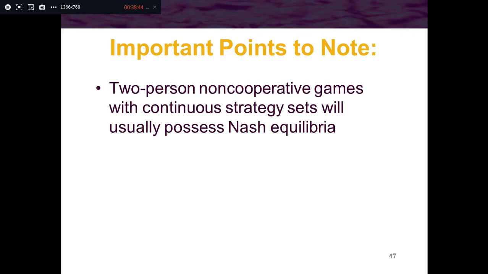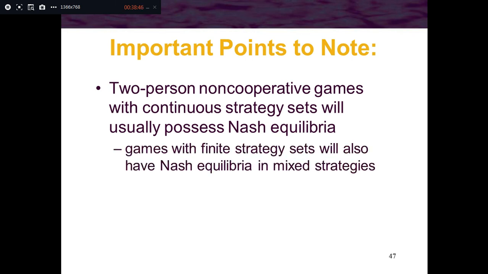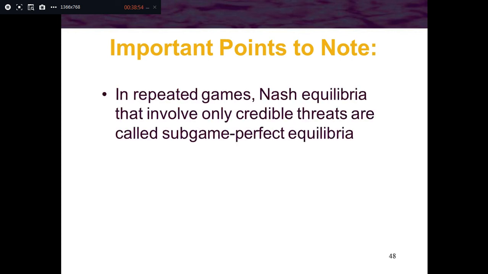Games with finite strategy sets will also have a Nash equilibrium in mixed strategies. In repeated games, Nash equilibria that involve only credible threats are called subgame perfect equilibria.